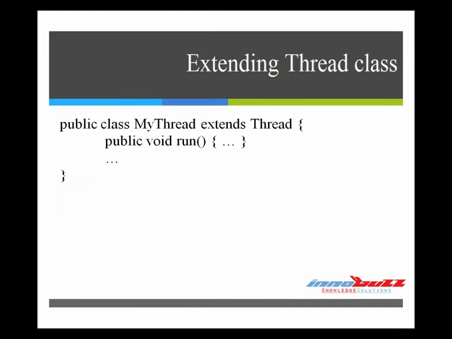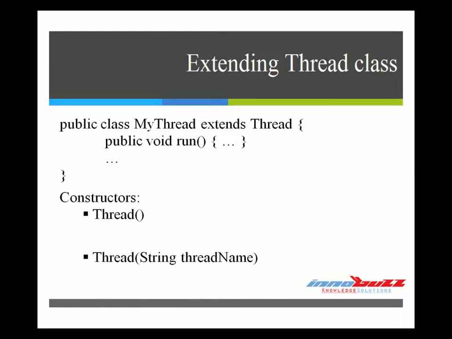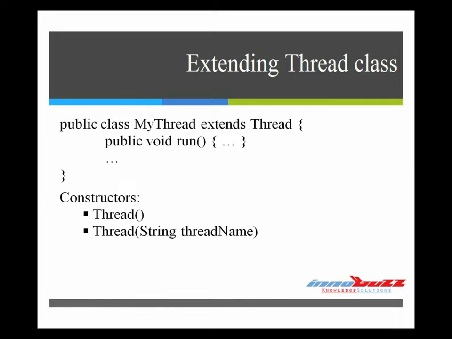Let's see what constructors we inherit from the Thread class. The empty parameter Thread is without naming the thread. The JVM will name it. If we use a string parameter, then we give the name of the thread.